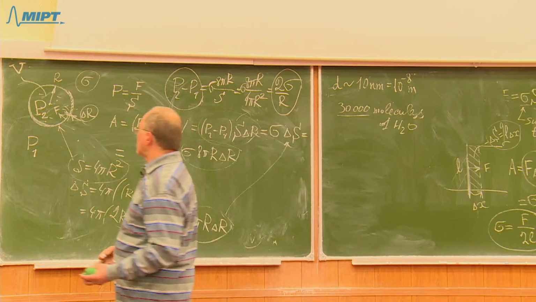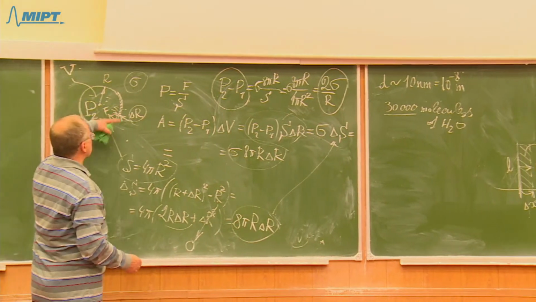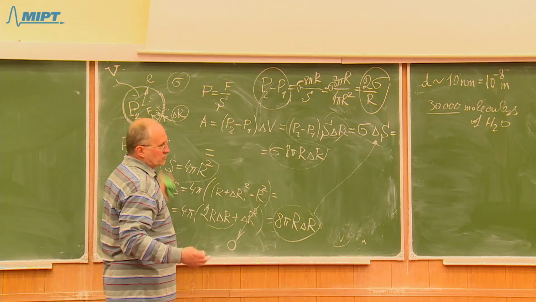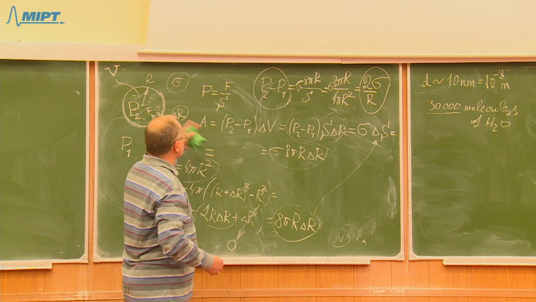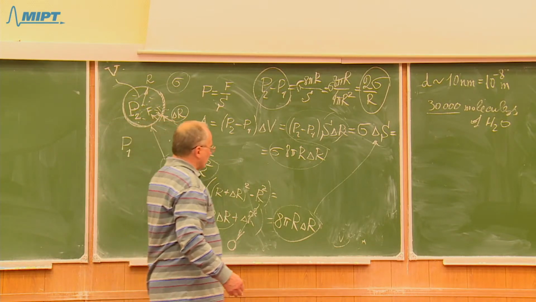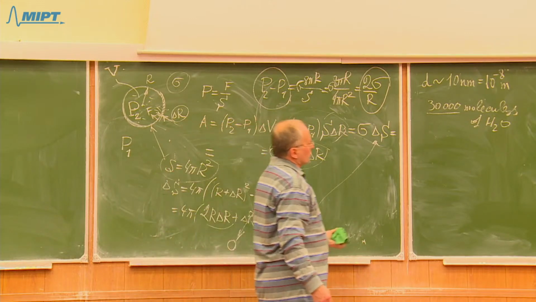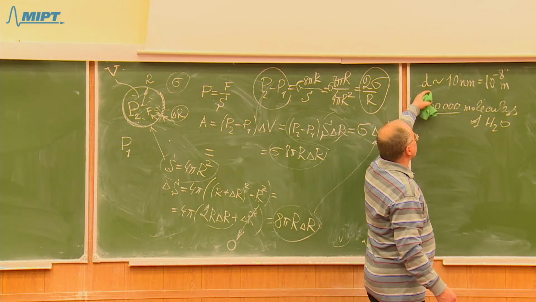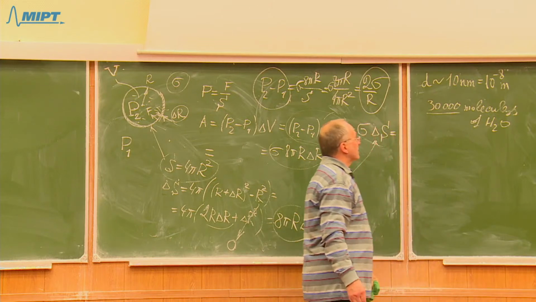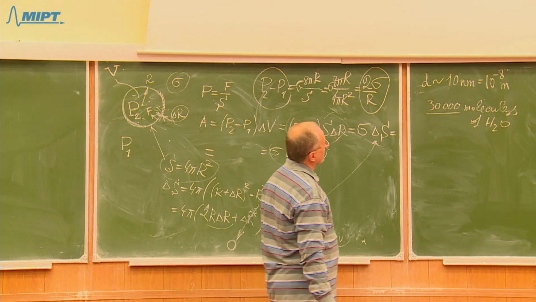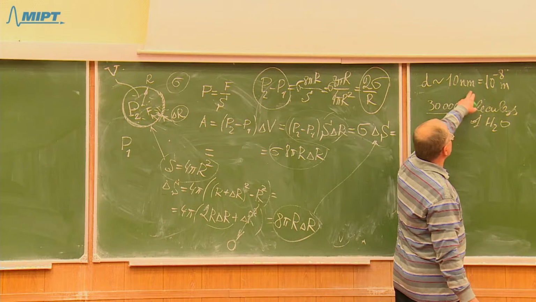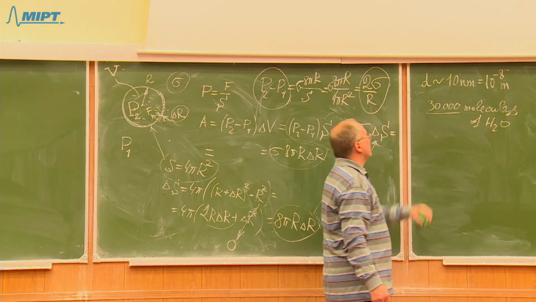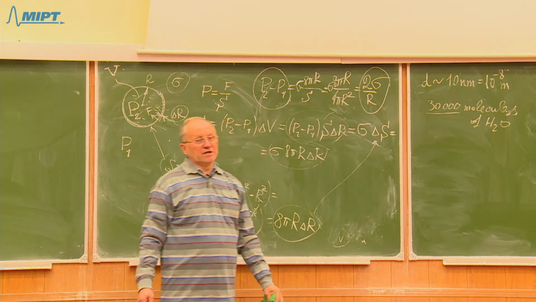It's macroscopic. And it means that all the macroscopic considerations, not quantum mechanical, but macroscopic, classical, which I have used so far, will most probably apply even to such small droplets of water. It's small in dimension, just 10 nanometers, but it still contains about 30,000.